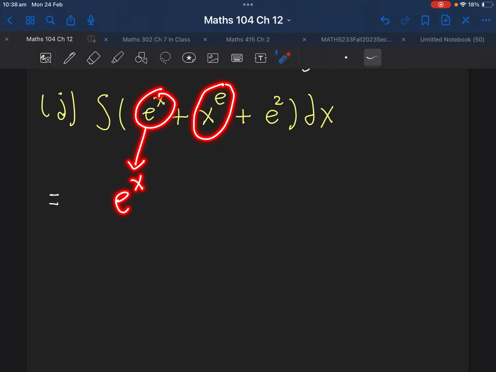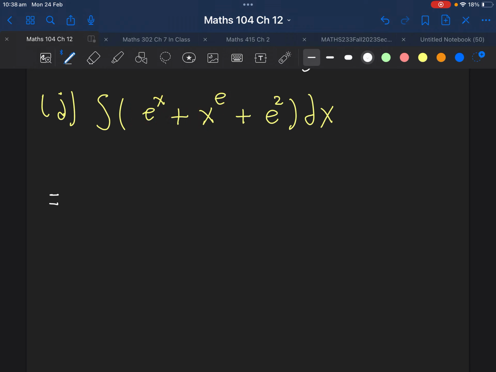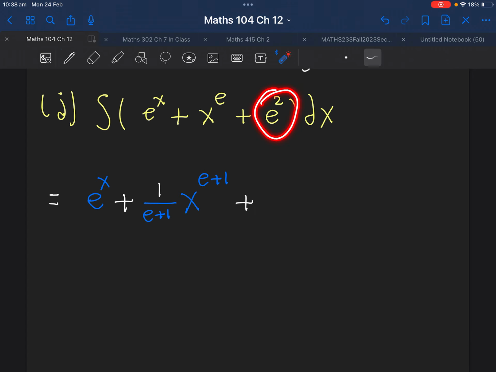Now what's the integral of x to the power of e? That will be the next one, which will be x to the power, remember we add 1, e is 2.7, so we just add 1 and then we divide by the same number. Plus, what is the integral of e squared?